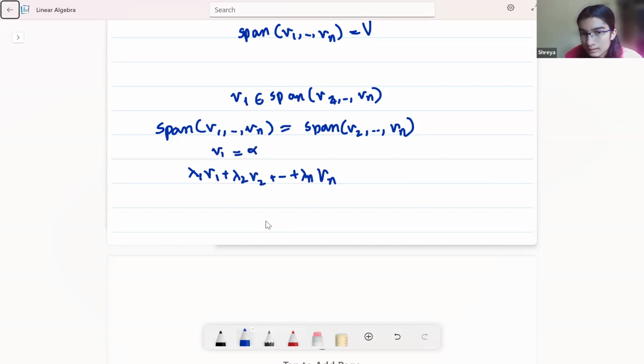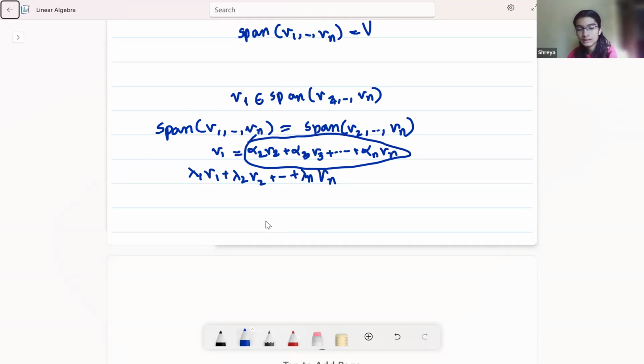So v1 is equal to some alpha2 v2 plus alpha3 v3 plus blah blah blah alpha n vn. If you want to write this as a linear combination of these things, all you need to do is substitute the value of v1 as this, and then you'll get something in terms of v2 and so on till vn.